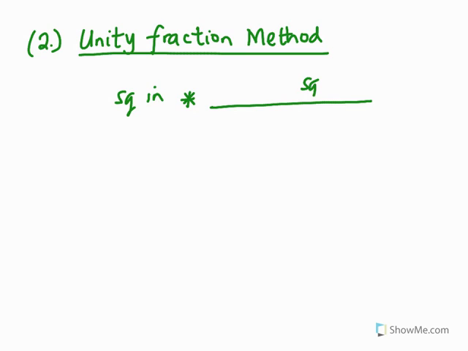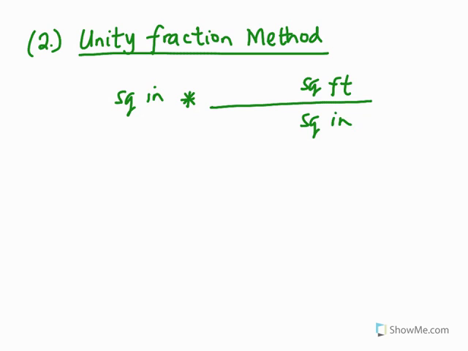So I write square feet here. At the numerator, I write square feet, and at the denominator, I write square inches. Now, the goal is for the square inches at the numerator to cancel or cross out the square inches at the denominator, so that you're left with only the square feet at the numerator.